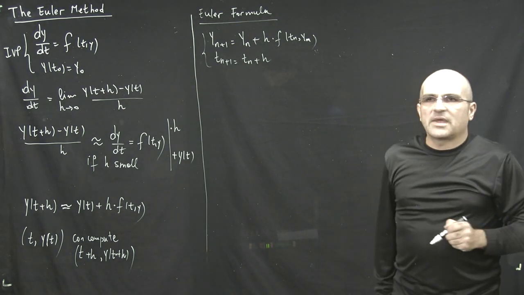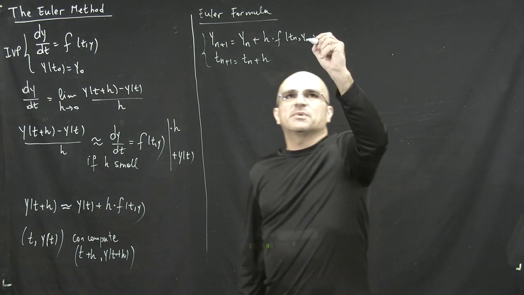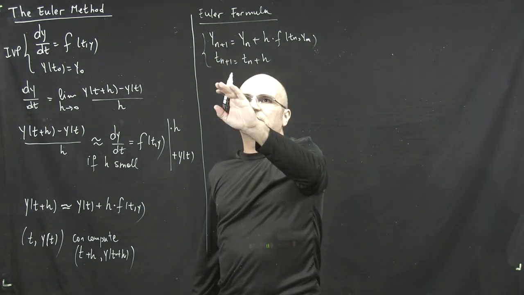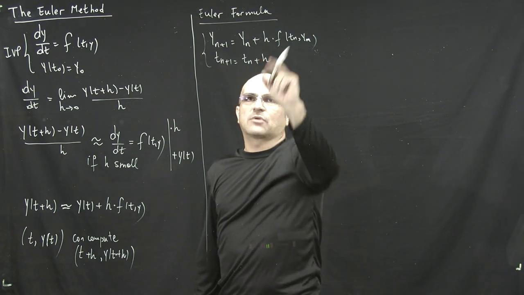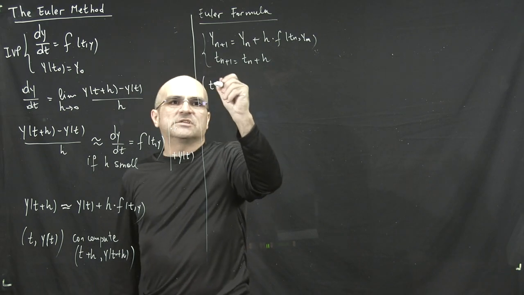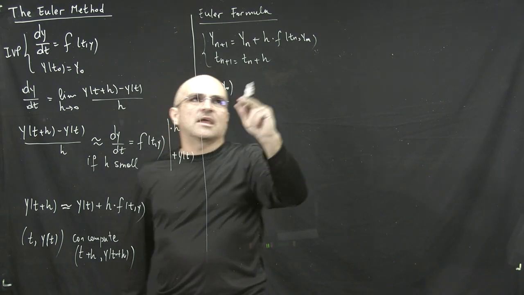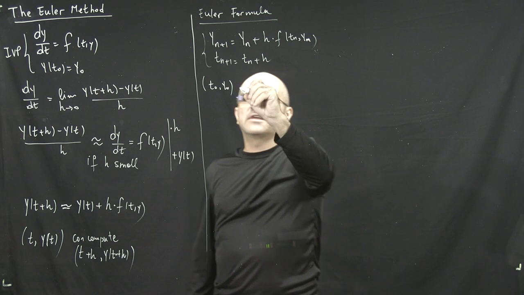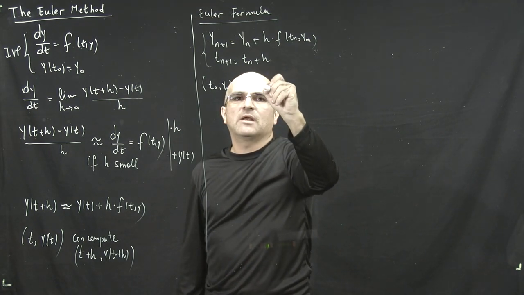So t(n), y(n) is the current point, so to speak, and then you're going to obtain the next point by plugging in the current point on the right hand side. For example, if I know the initial point t naught, y naught, then I can plug it in on the right hand side and I can find the next point t1, y1.